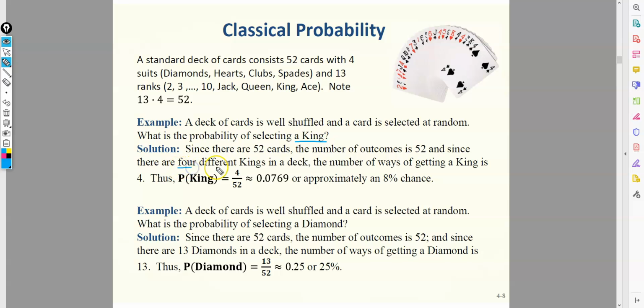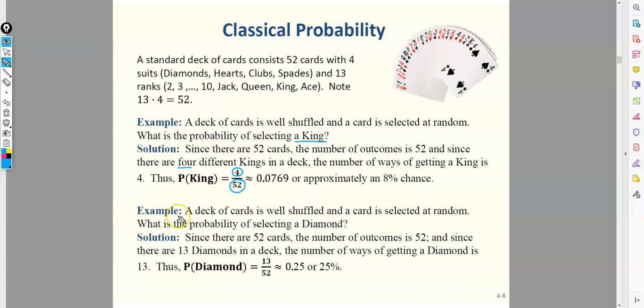So the probability of drawing a king is the number of kings in the deck divided by 52, the total number of possible outcomes we could get. And 4 divided by 52 is 0.0769, or approximately 8% if you convert this into a percent by multiplying by 100.